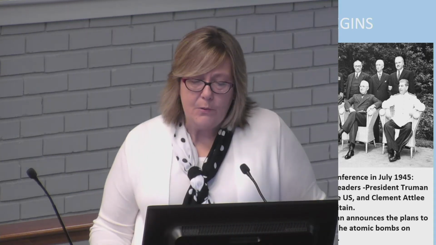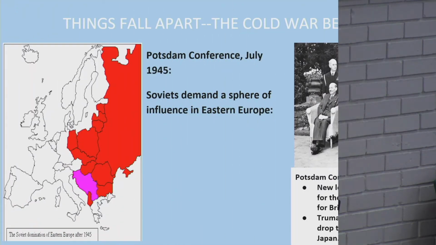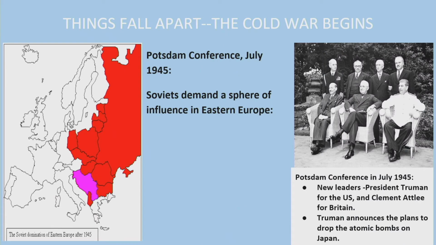So the Soviets say, we know what we said earlier, but we are going to demand that we have a sphere of influence that we can control in Eastern Europe. We're not going to withdraw these troops. We're not going to have free elections.